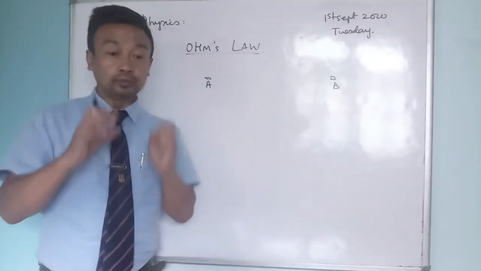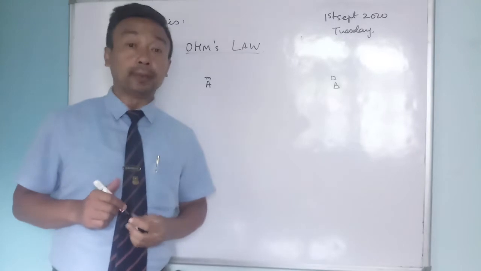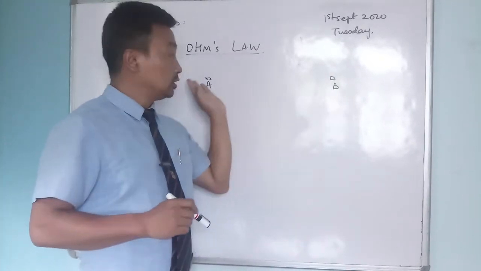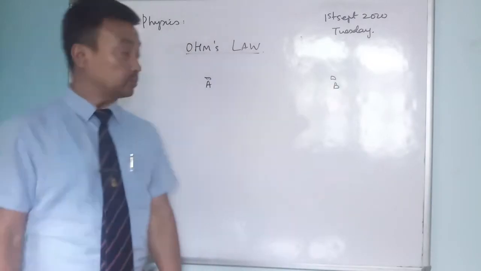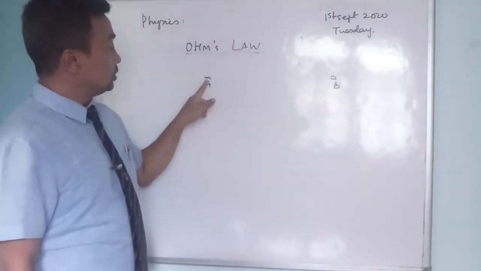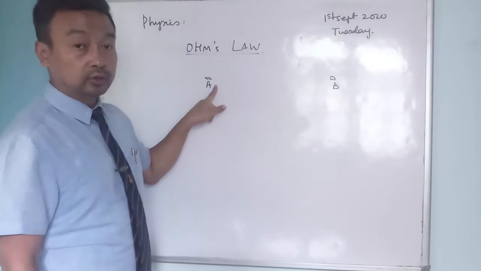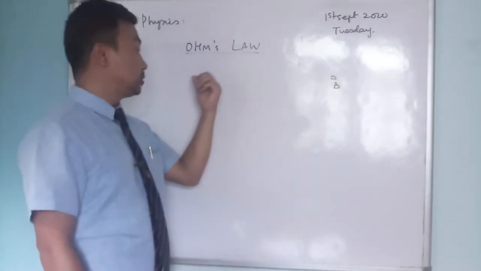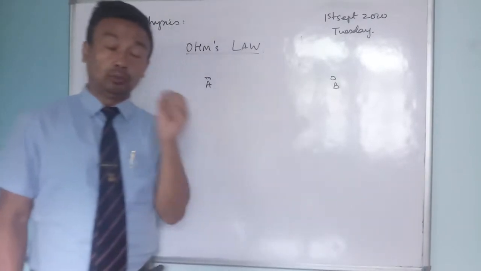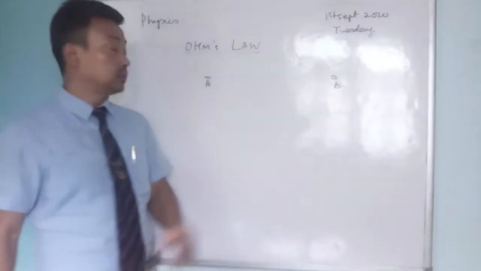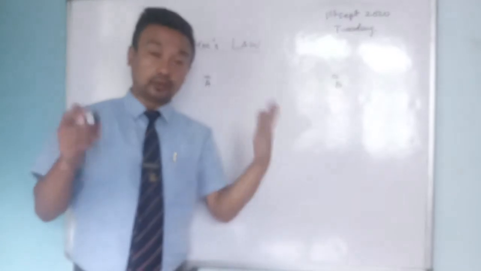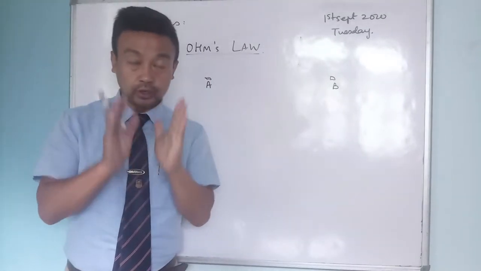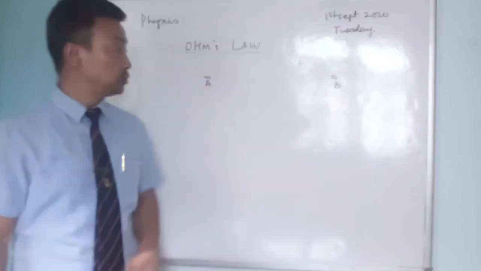A potential difference should be maintained. If both of them have the same potential, then the current will not flow. So in order for current to flow in a conductor or between two conductors, a potential difference has to be maintained.